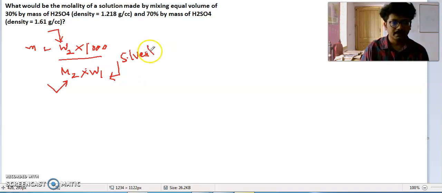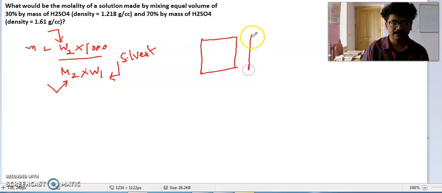Now, what is given? What would be the molality of a solution made by mixing two solutions together? This is one solution and this is another solution. Make sure that the solutions are of the same solute, H2SO4.